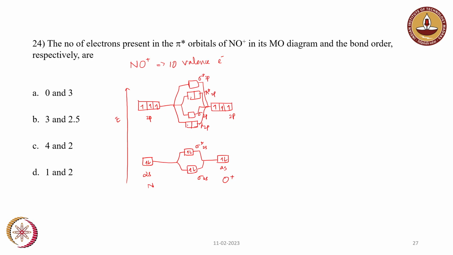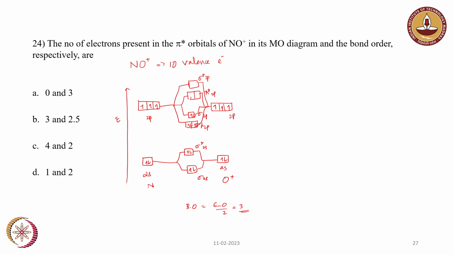So a total of 6 electrons, we'll add it in pi 2p and sigma 2p. So the bond order is 6 minus 0 by 2, that is 3.